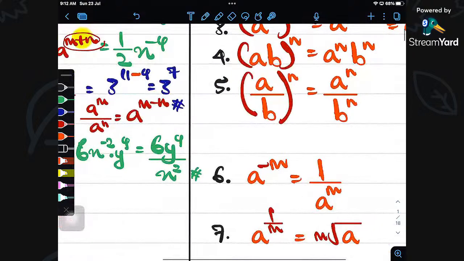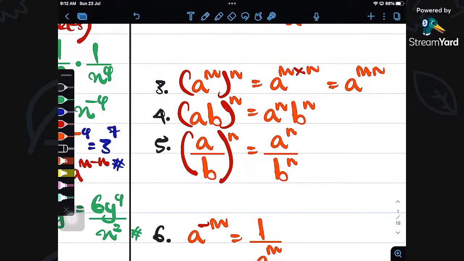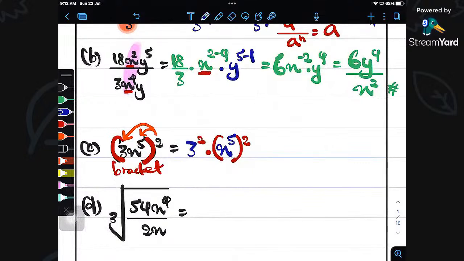So this is actually referring to the formula number 3 here. Okay, ataupun number 4 here. So this power n is for both of the variable inside of this bracket. This is what we are going to use now. And so after we understand the concept, we know that 3 squared is 9.